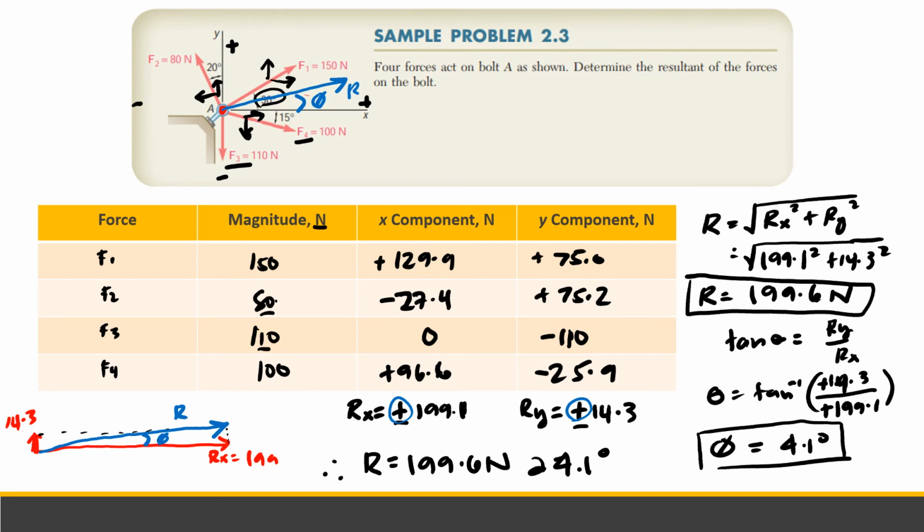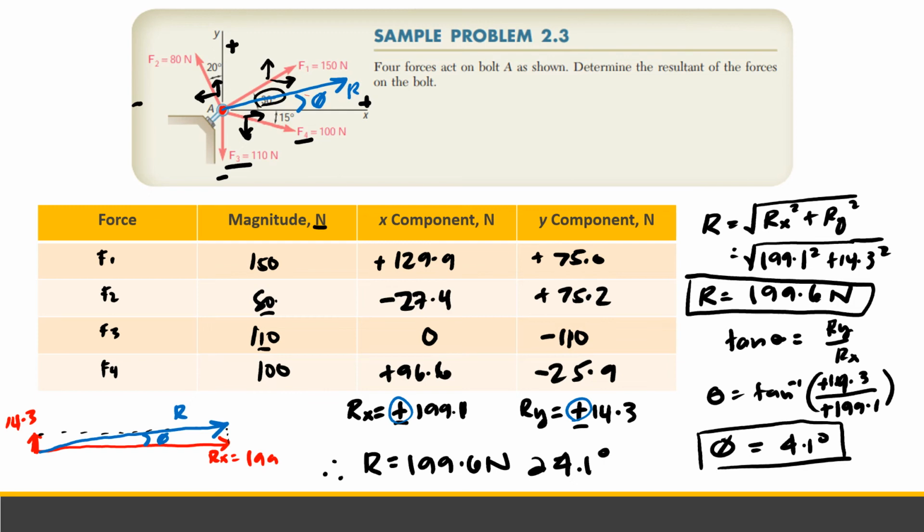Okay, so that is how you solve a force system with more than 3 forces. It is easier using component forces and tabulating your solution, so you won't get confused when solving, right?